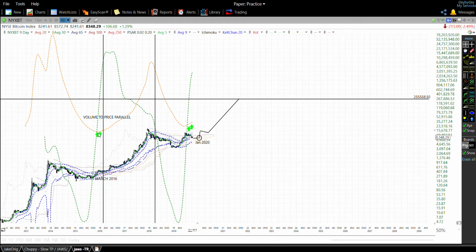So what I see is this particular moment here on a 9-day chart. This cross happened right here. The price curve is extending far into the upside from the volume curve. And that brings me to this moment in roughly March of 2016 that had a similar kind of pattern.